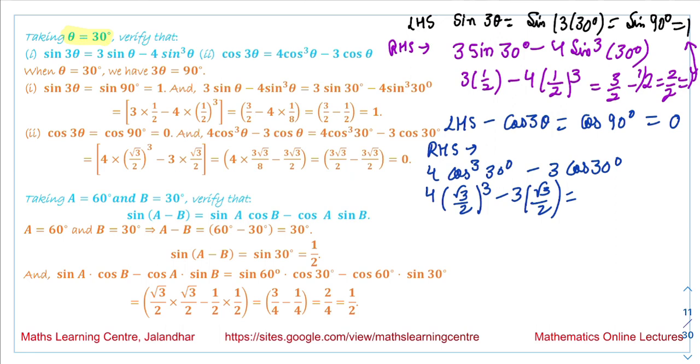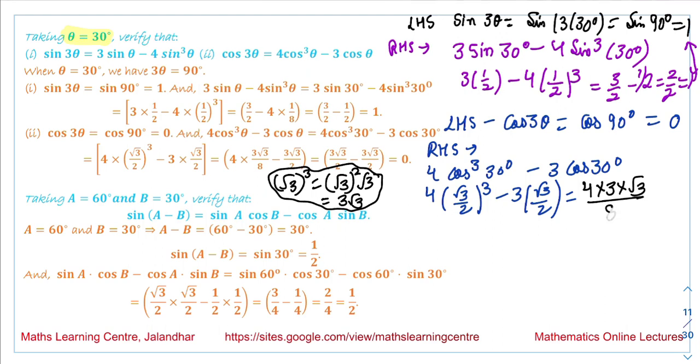Now look at this value over here. We are talking about the value root 3 cube. That will be root 3 square into root 3, so the answer is 3 root 3. So this becomes 4 into 3 root 3 over 8 minus 3 root 3 by 2.